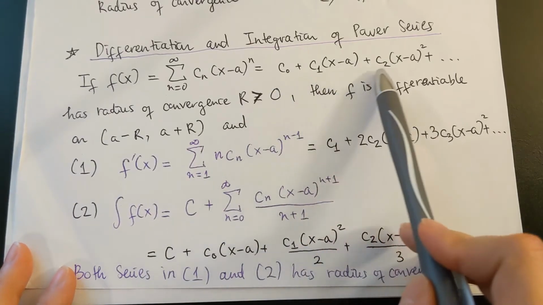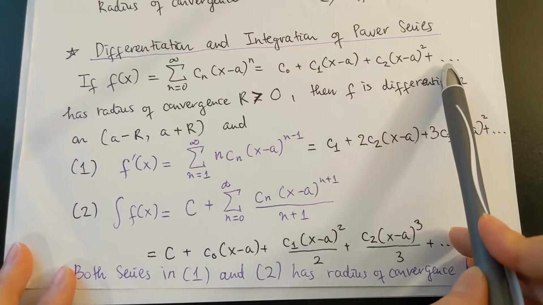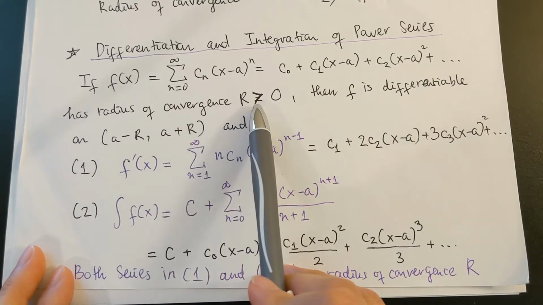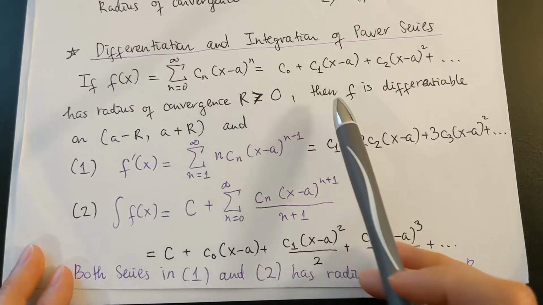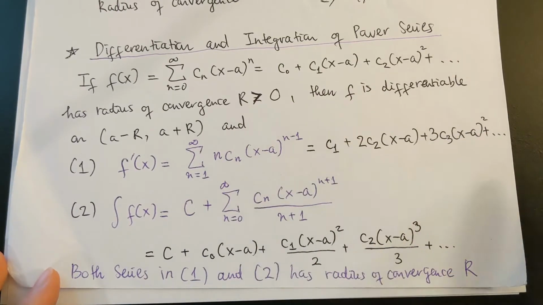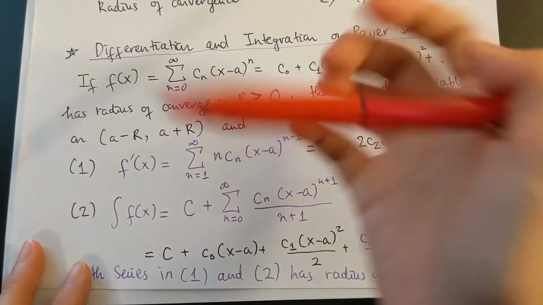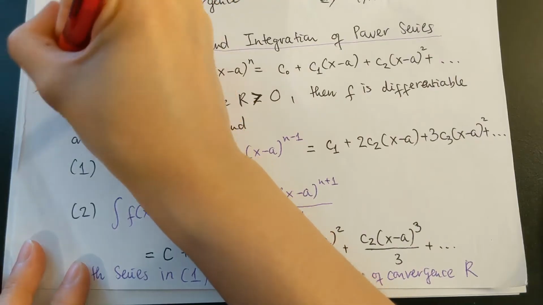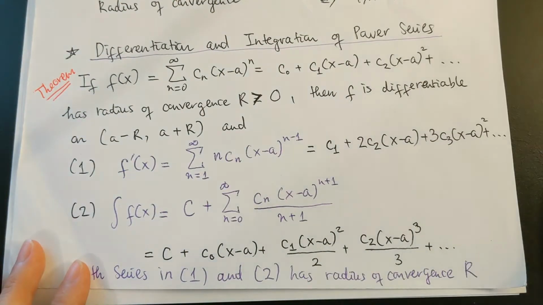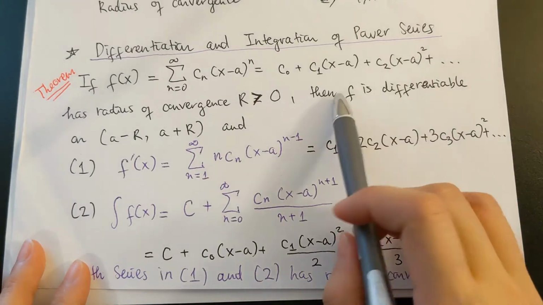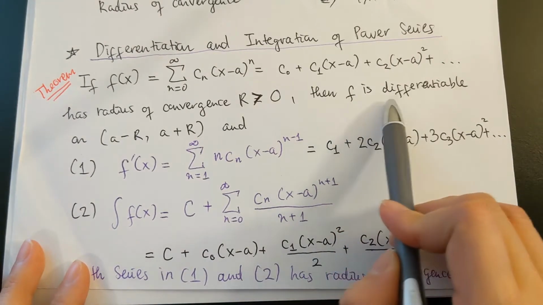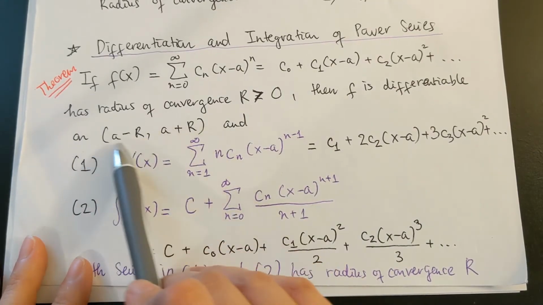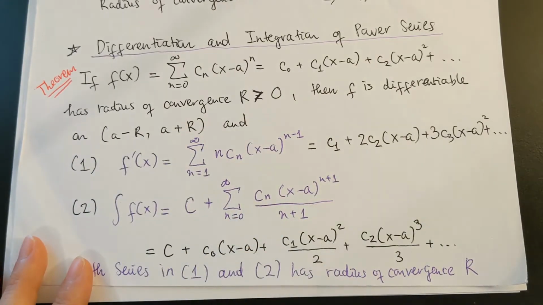If you list a couple of terms, it is as follows. So let's say it has radius of convergence r. Then, this is a theorem. Then the function is differentiable on, if you remember, this is your interval of convergence.